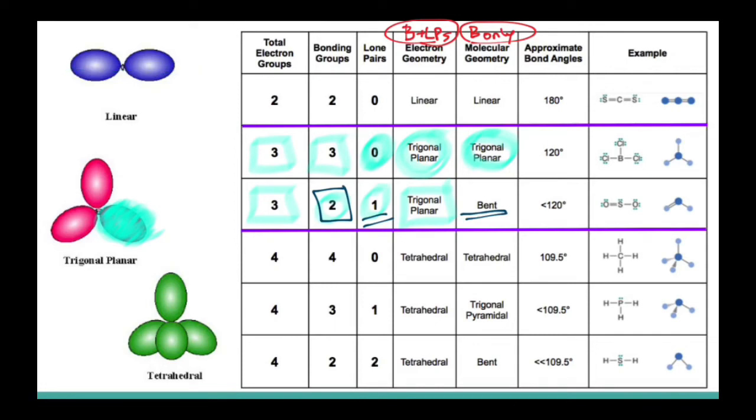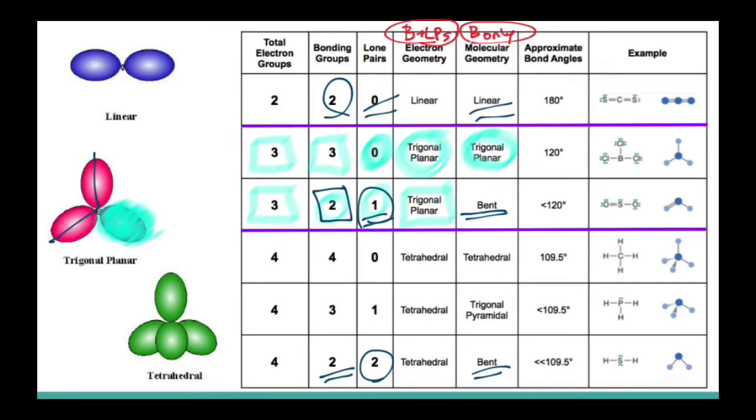This is going to be bent. So we have this bent geometry name again, and the similarity is that there's 2 bonded atoms, 2 groups, but then we have some lone pairs on it. The only time we have a truly linear molecule is when we have 2 bonded atoms and no lone pairs on them.